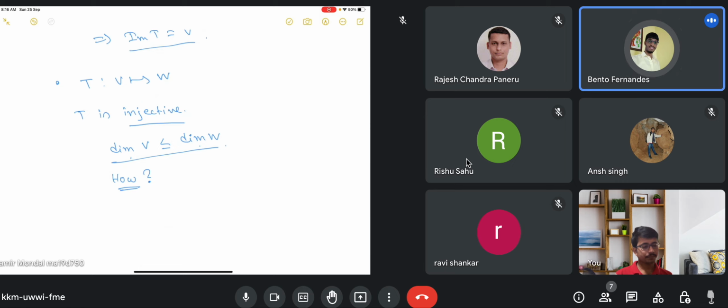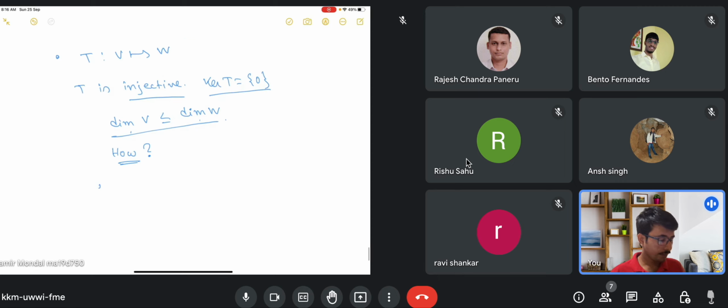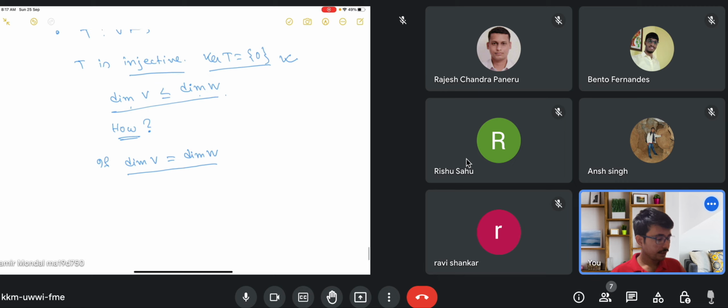Sir, can you repeat the hint? Please tell me, if the dimension of V equals the dimension of W, what will happen, with the condition that T is injective, meaning the kernel of T equals 0? We get the dimension of the image of T from the rank-nullity theorem.